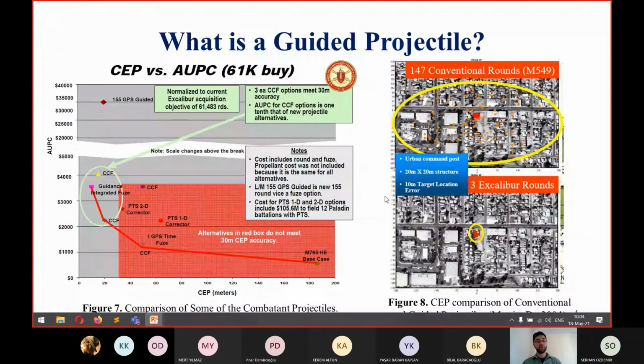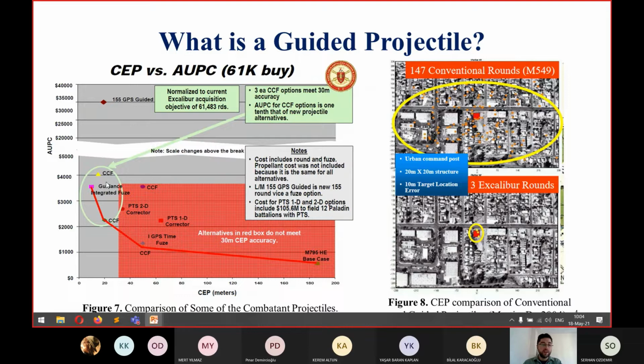And now I want to show you a comparison of a guided projectile and a regular conventional projectile. This M795 HE is a standard regular projectile, and its CEP, circular error probable, is almost 200 meters.